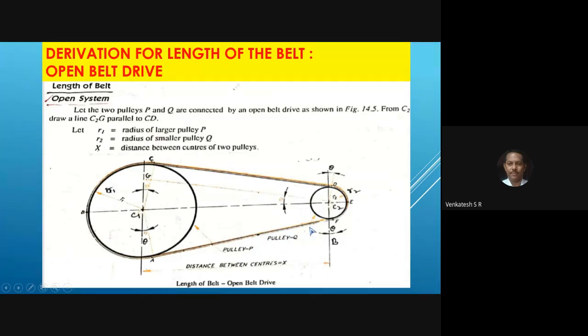Show the arrow mark from right to left and show the velocity of driven pulley. In bracket write down speed. There also write down speed. We show the diameters D1 and D2, speeds N1 and N2, and velocity of belt at the slack side and the tight side.